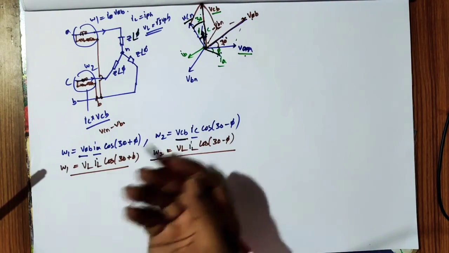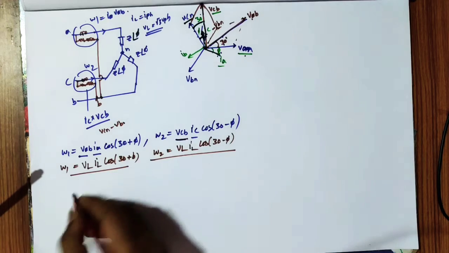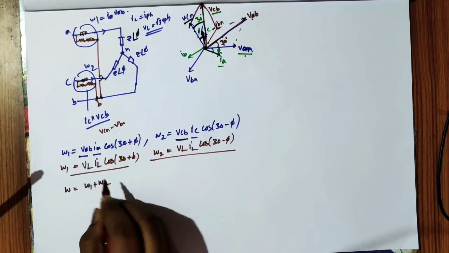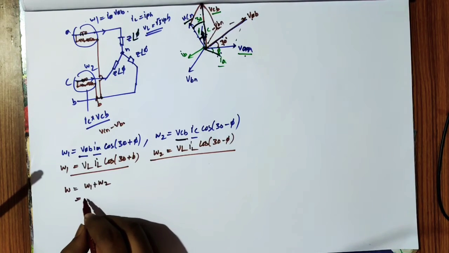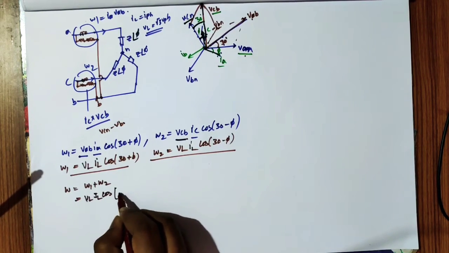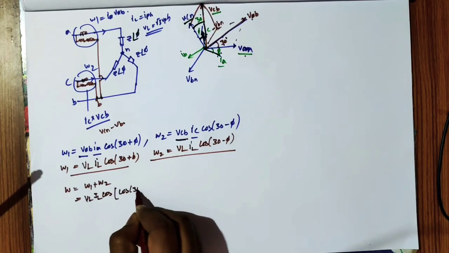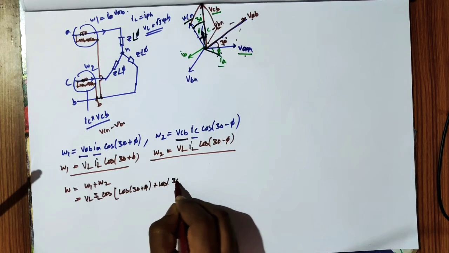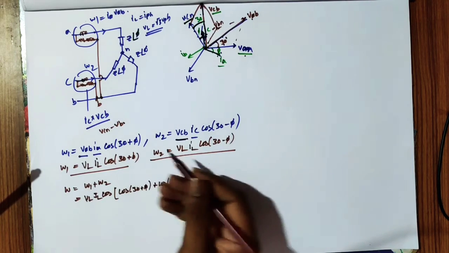Now our agenda is to find the total power. Total power W equals W1 plus W2. Substituting these two here, we obtain VL IL times cos of 30 plus phi plus cos of 30 minus phi. I am taking VL IL common.